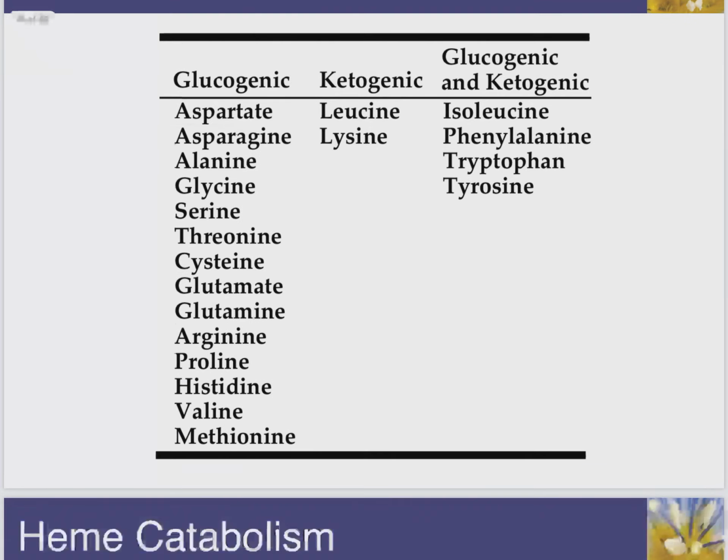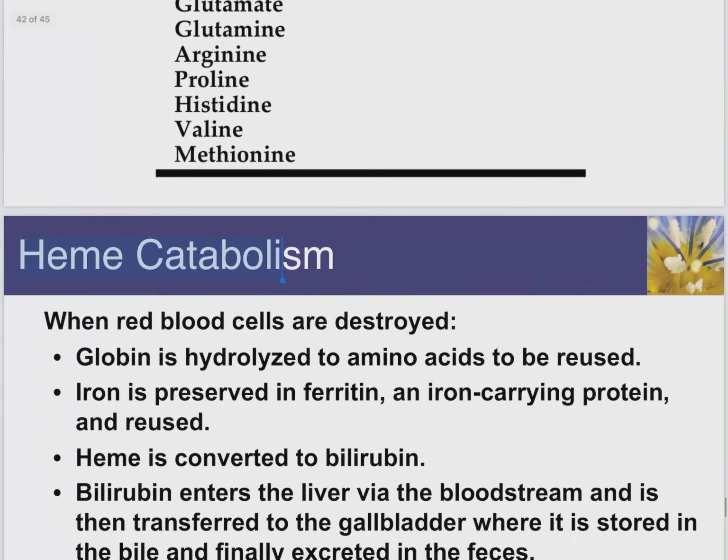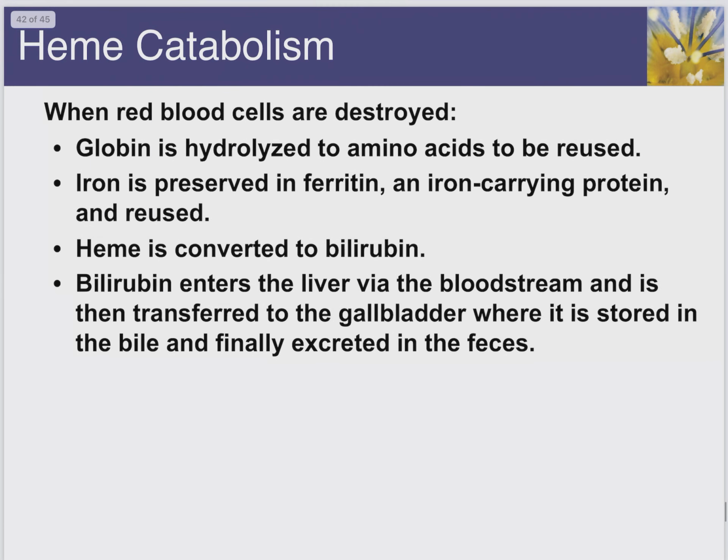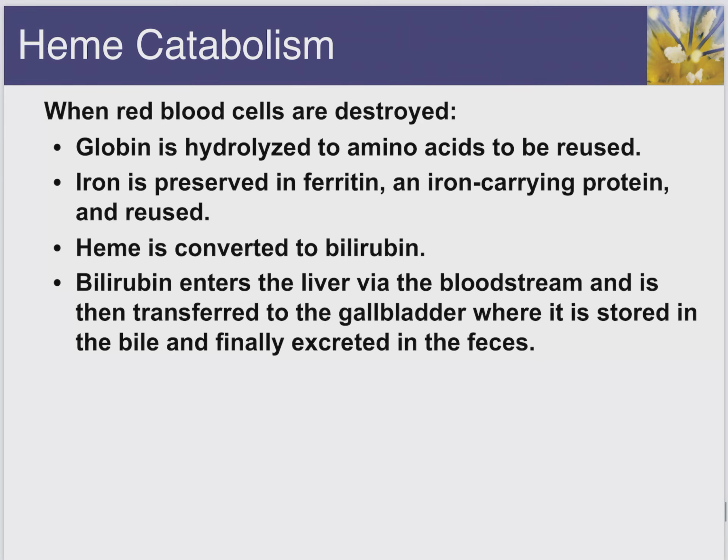Here are the classifications and categories of the different amino acids and which metabolism they fall under, or catabolism. Red blood cells. So heme catabolism. Heme is the iron holding part, or our oxygen binding part, of our protein hemoglobin. The globin is hydrolyzed into amino acids. These are the protein chains, and reused.